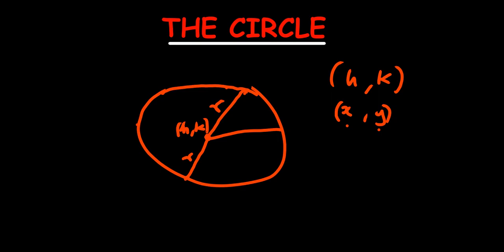Now that point on the circumference, I will name x, y, because it's just any coordinate. You can say, maybe your x is 1 and your y is 2. You can locate that on the xy plane, and if it falls on the circumference, then it forms part of the circle.